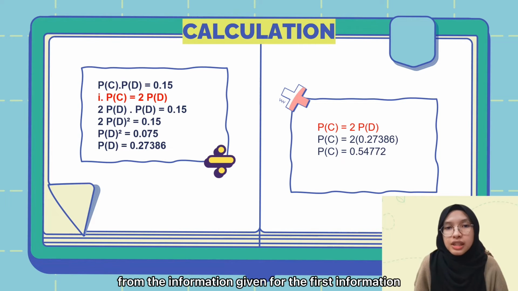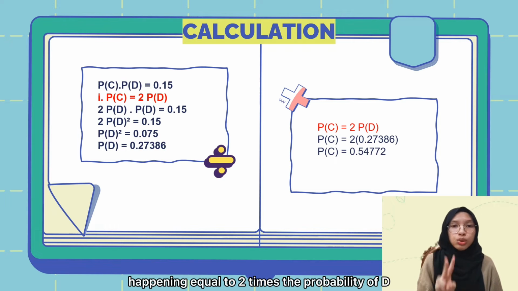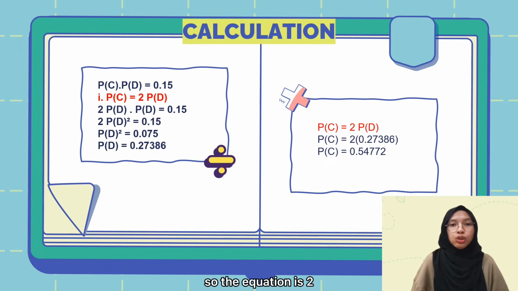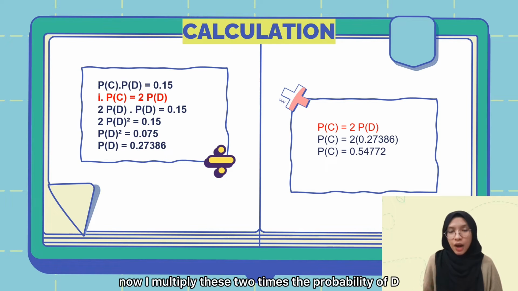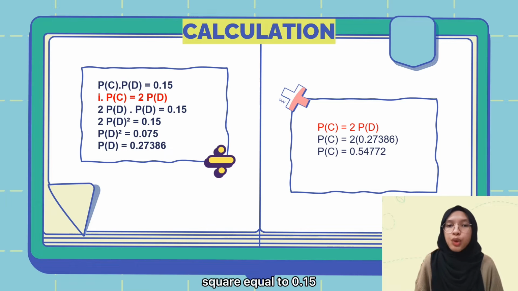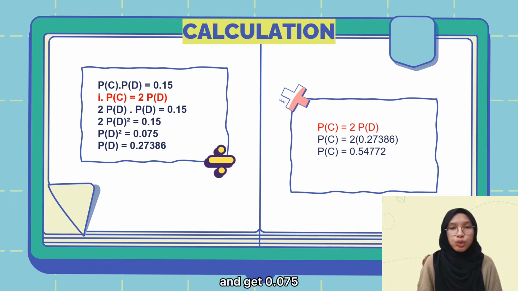For the first information, the probability of C is equal to 2 times the probability of D. So the equation is 2 times probability of D multiplied by probability of D equal to 0.15. So 2 times probability of D squared is equal to 0.15. I can solve by dividing 0.15 by 2 to get 0.075.